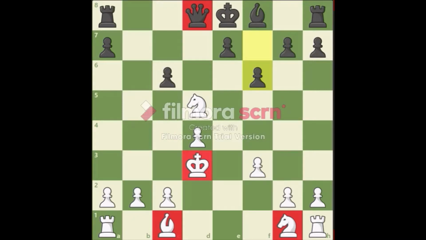So we take the knight's second letter for the knight's letter. For example, this black side has attacked this knight, so white moved his knight to here. So this is called NE3.